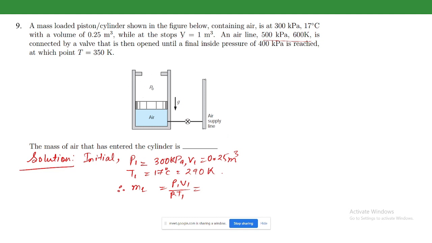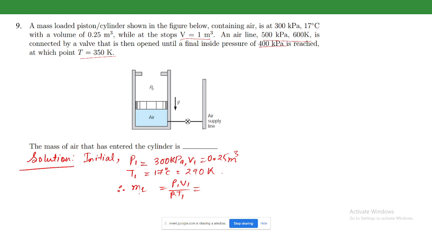At the stops, the volume is 1 meter cube, and the final pressure inside reaches 400 kilopascal and final temperature reaches 350 Kelvin. We have to find the mass of air that has entered the cylinder from this air supply line.